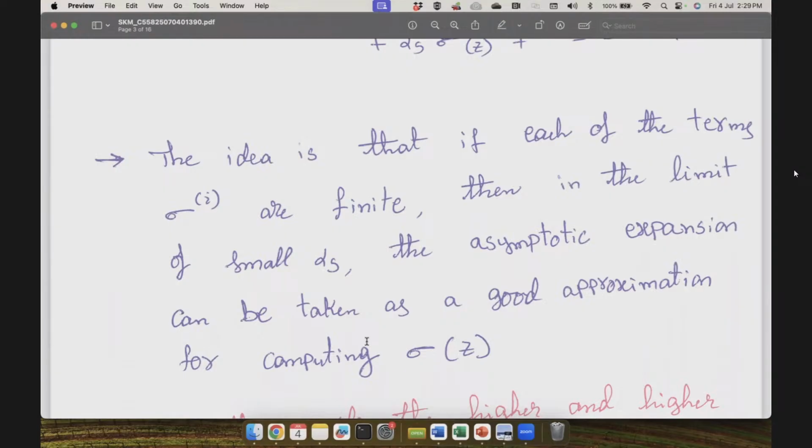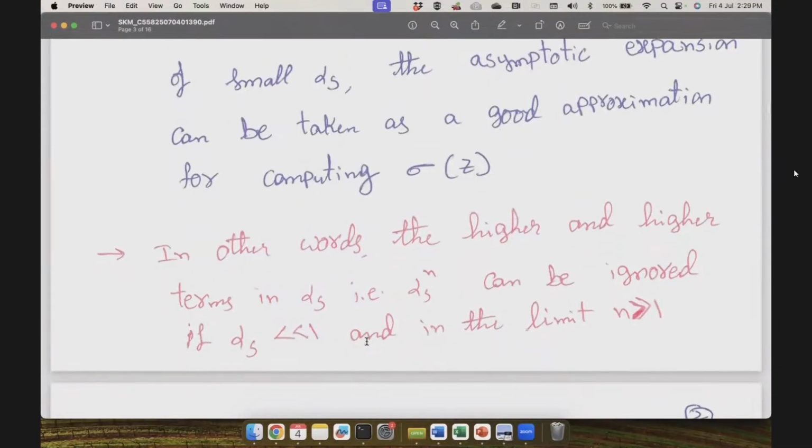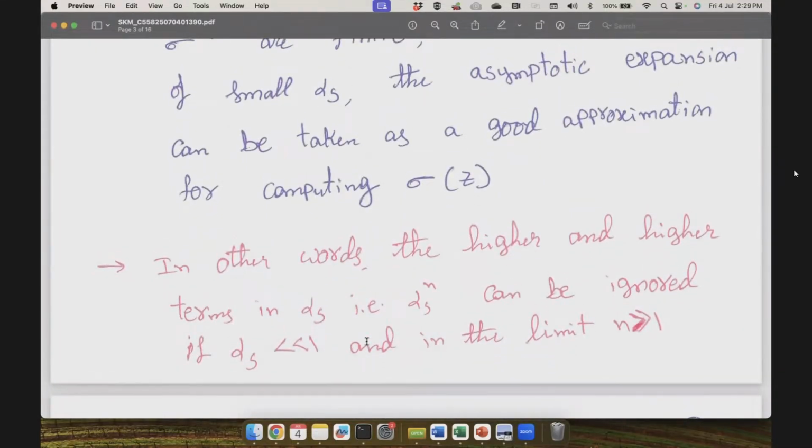Technically speaking, or in a more simplified manner, the higher and higher terms in alpha s, that is alpha s to the power n, where n goes to infinity, can be ignored.